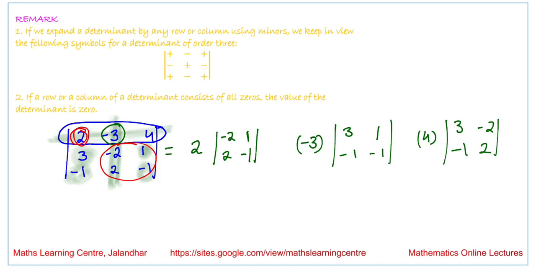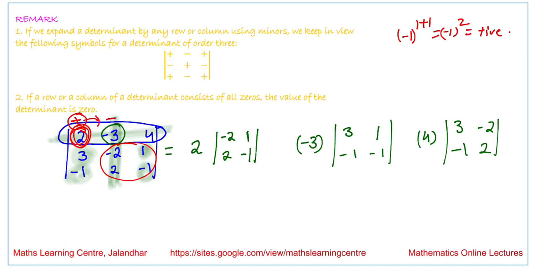Now if we have to assign the signs over here, we are saying how we are assigning the sign. Corresponding to this first term, we are assigning it as positive. Why is it positive? Because in the formula we have minus 1 raised to the power 1 plus 1, so it is minus 1 raised to the power 2. It is a positive sign we are talking about. Then alternately we are assigning the signs.